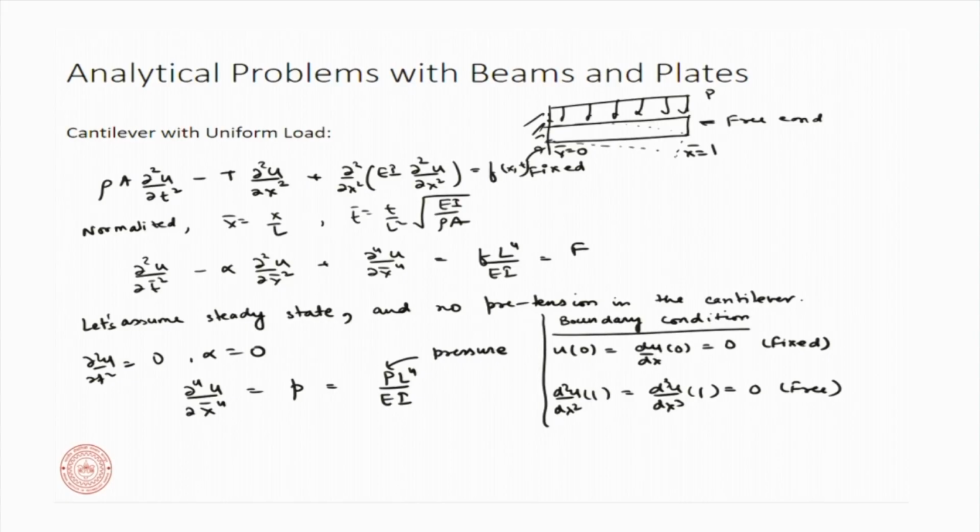Now, if you integrate this 4 times, the equation that you will get is u of x equals minus p x 4 x bar by 24 plus c 0 of x bar cube by 6 plus c 1 of x bar square by 2 plus c 2 of x bar plus c 3.